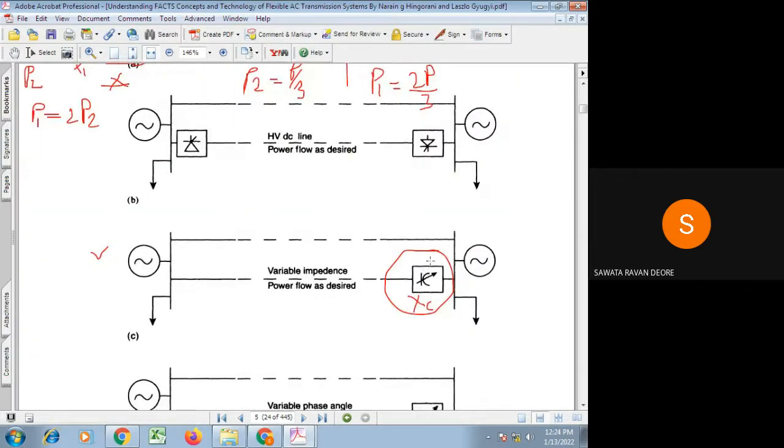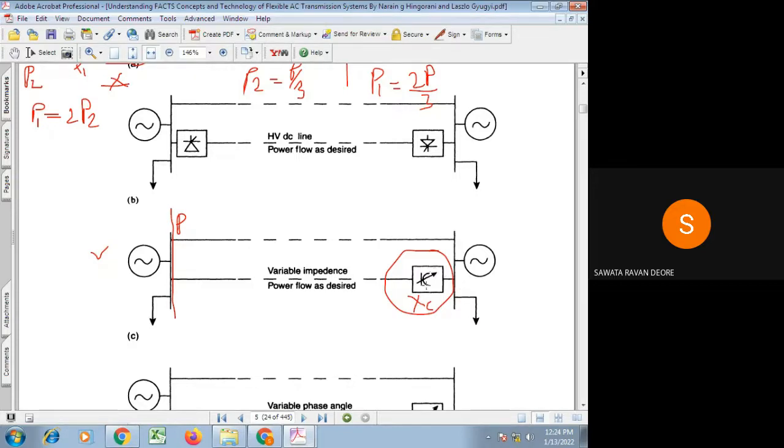So in short, by connecting a capacitor in series with the transmission line having higher inductive reactance, it is possible for us to divert the power from this transmission line to the other transmission line. Because of the change of that impedance, whatever power P is available at this bus to flow to this end through these lines, the sharing we can change by controlling this XC.